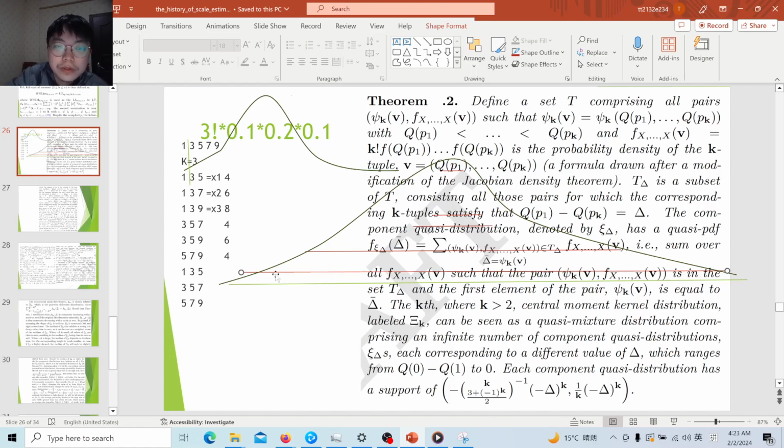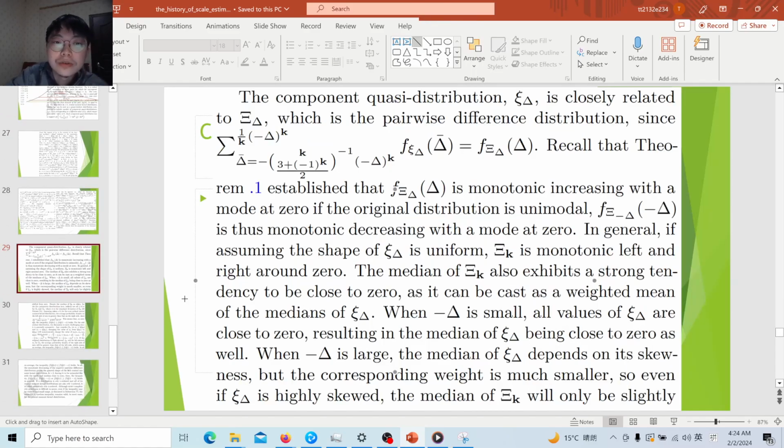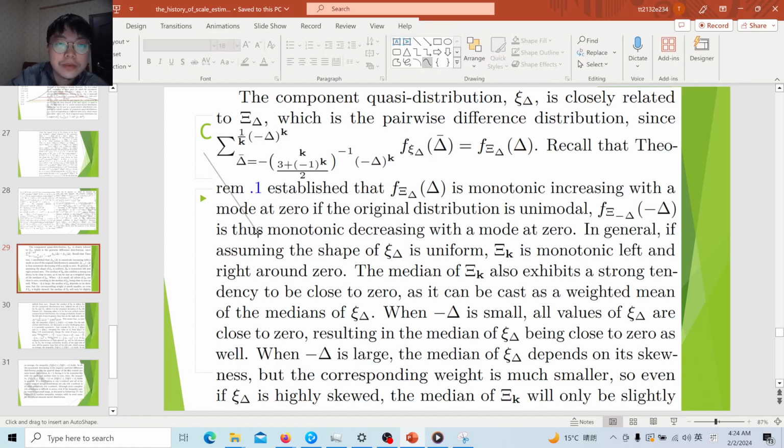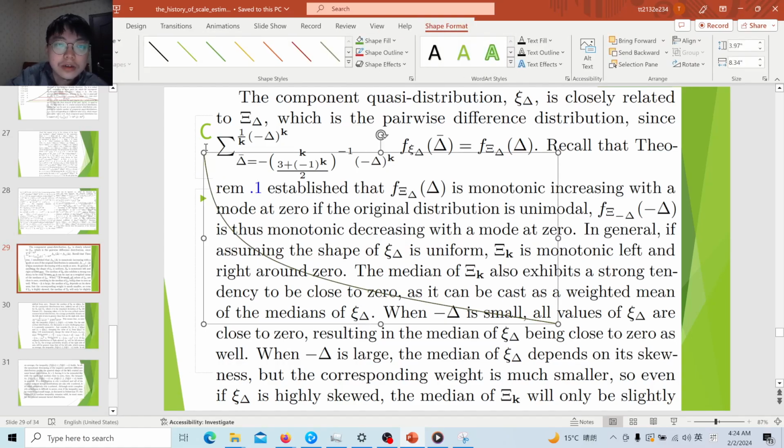But this is not important, because the range is very large, so it is assigned a very small weight. So if we consider the weight of the median, close to 0 we assign a very high weight, and far away from 0 we assign a very small weight. So the median should be around here, very close to 0.